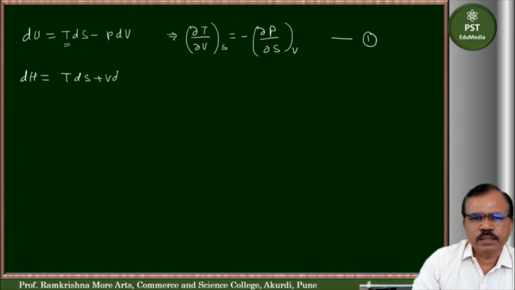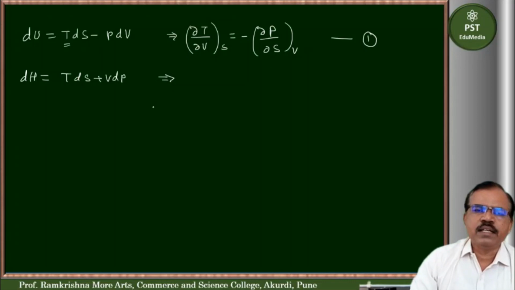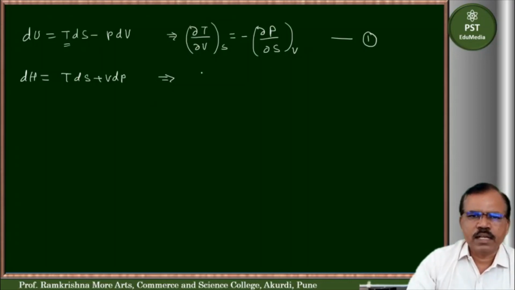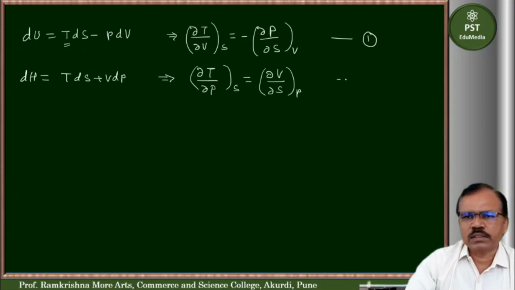Here M is T and N is V. So we take ∂T/∂p, keeping s constant, which will be equal to ∂V/∂S, keeping p constant. This is the second equation.